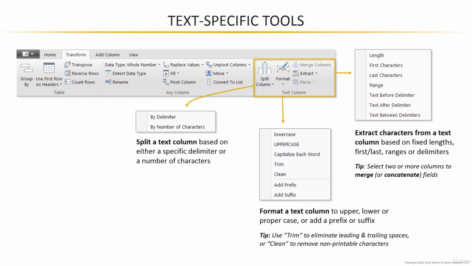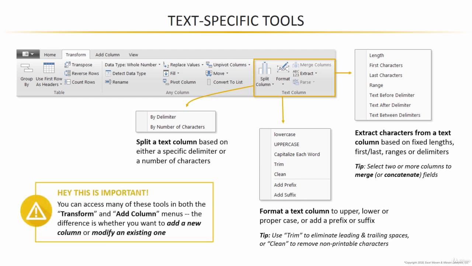And then taking that even further, if you've selected a column that's numerical instead of text, this entire group of tools might be replaced by number-specific tools instead. So just remember that the entire ribbon, the entire toolbar that you're seeing here will dynamically change based on your selections.